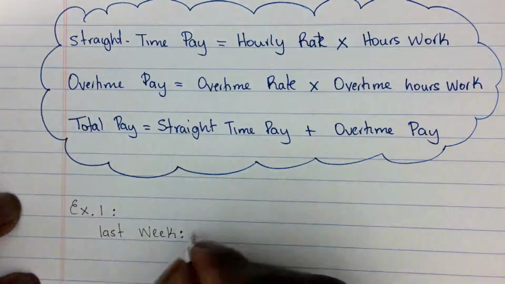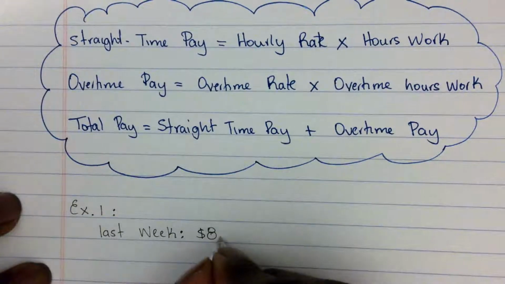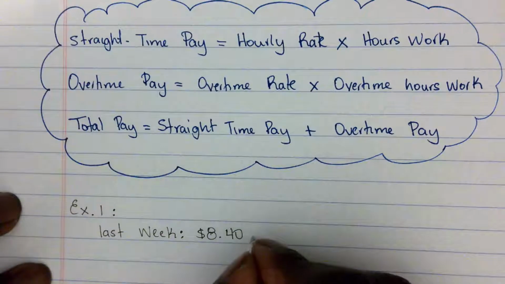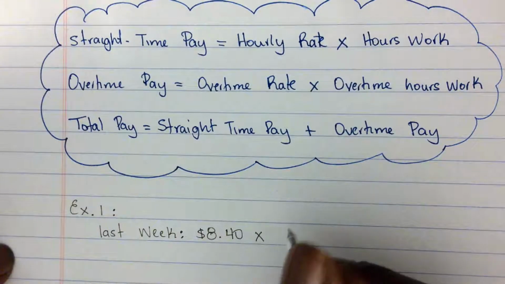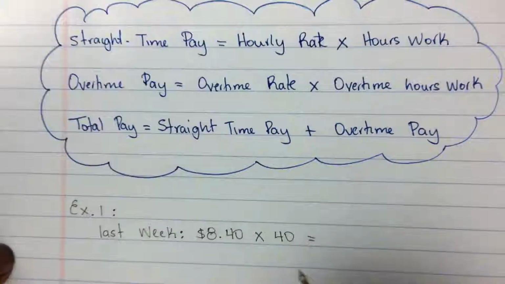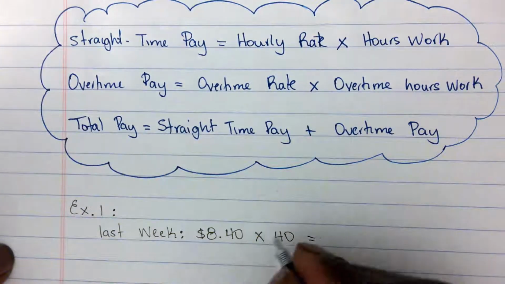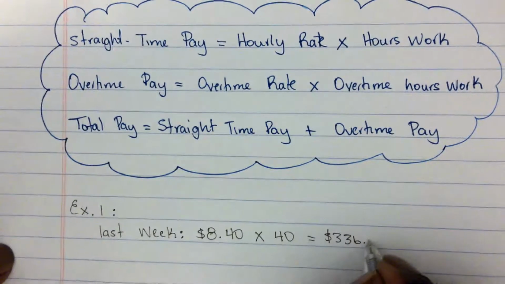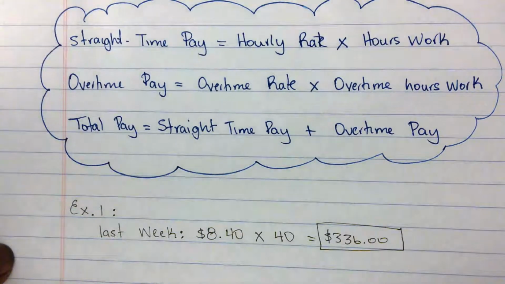Last week she's making $8.40 per hour, times how many hours did she work last week? She worked 40 hours, so we multiply by 40 hours. Most of you should have your calculator. When you do this, you should get $336. So for last week, she earned $336.